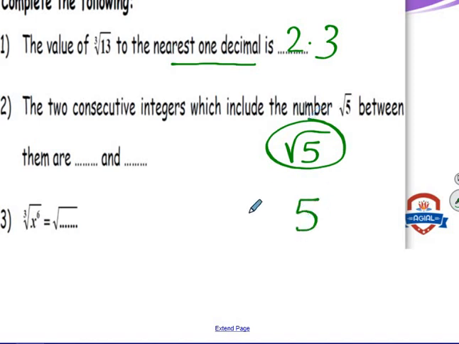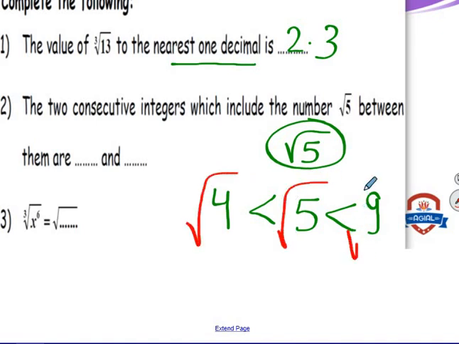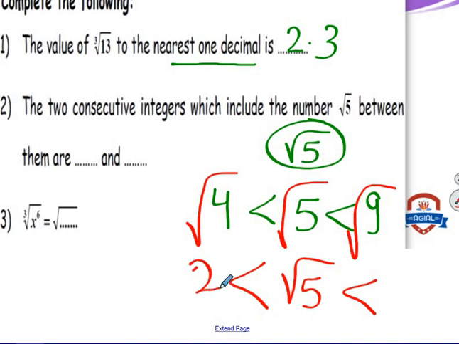We have 5 between two square roots, which will be 4 and 9. Then we will find the square root of each number. And then we have the square root of 5 will be in between 2 and 3. So here, 2 and 3.